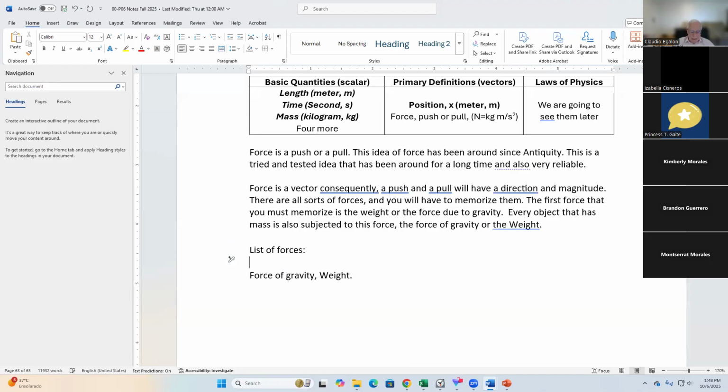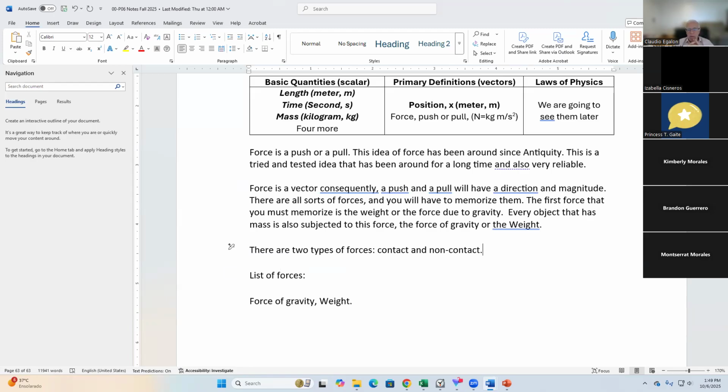Before we talk about the list of forces, just keep in mind that there are two types of forces, contact and non-contact forces. A push sometimes involves a contact. Your finger, in order to push a block, has to be in contact with this block.